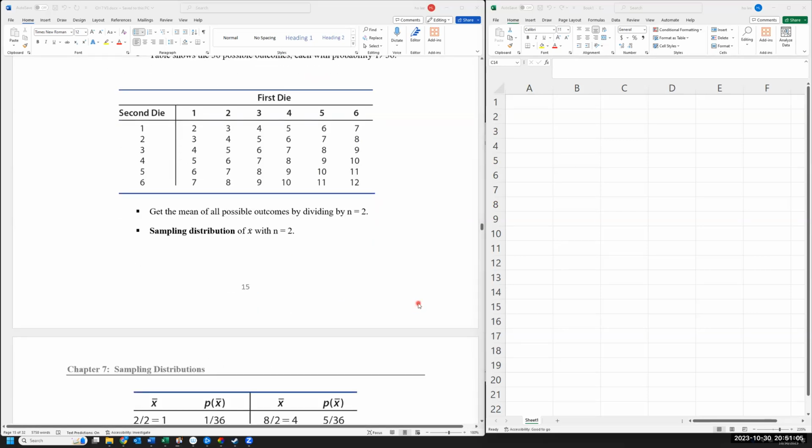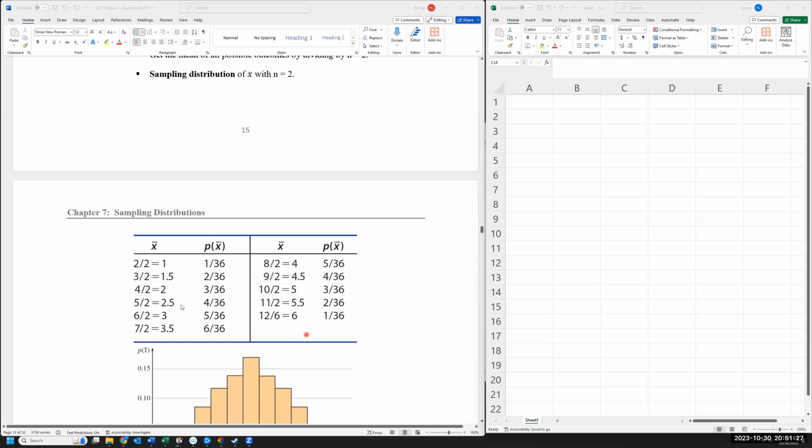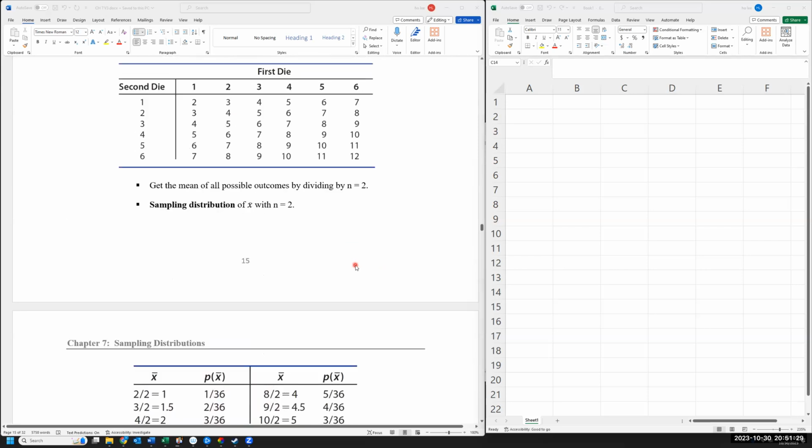Get the mean of all possible outcomes by dividing the sum by the number of dice, or 2. So this is the sum, and we could get the mean. The sampling distribution of the sample means with 2 dice is right here.